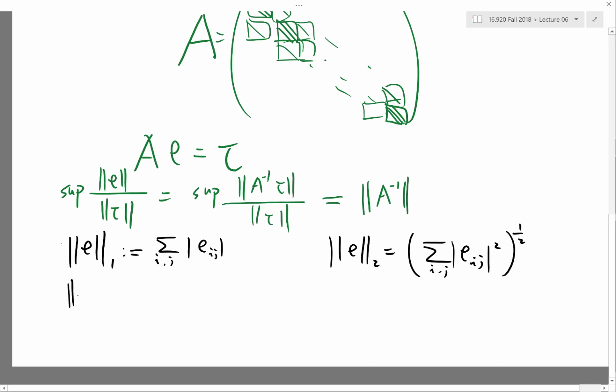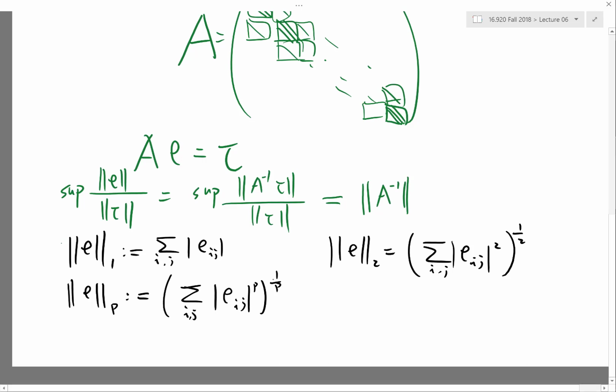Or if you write a p norm, you just replace the 2 here by p, right? E_ij to the pth power and then 1 over p. And over here you can see very easily why the one norm is defined as the sum of the absolute values. Just take p equal to 1 and everything follows. All right.